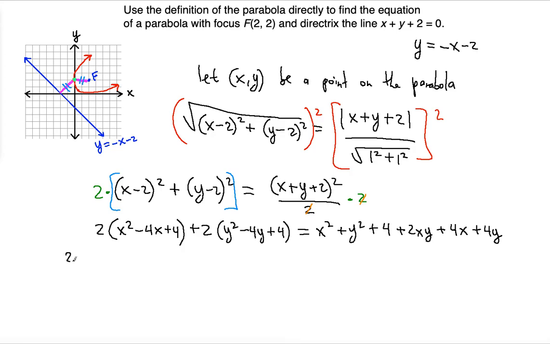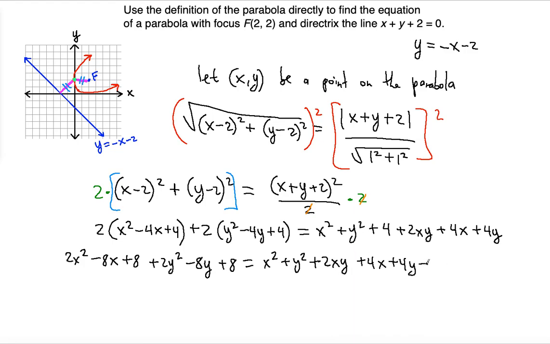Now we get 2x squared minus 8x plus 8 plus 2y squared minus 8y plus 8 is equal to x squared plus y squared plus 2xy plus 4x plus 4y plus 4. I just did it in order. So as a result, we're going to subtract everything on the right side: minus 2xy, minus 4x, minus 4y, minus 4.